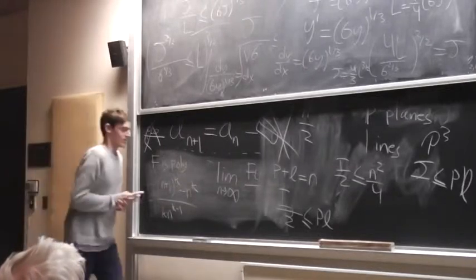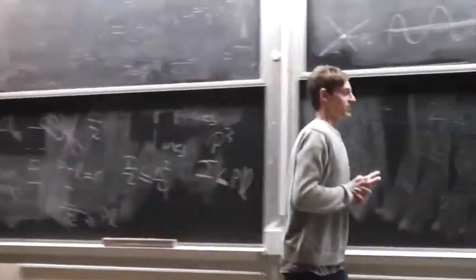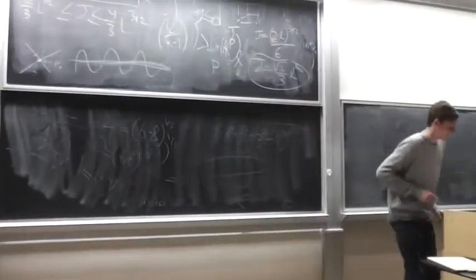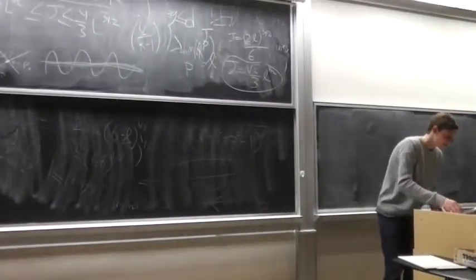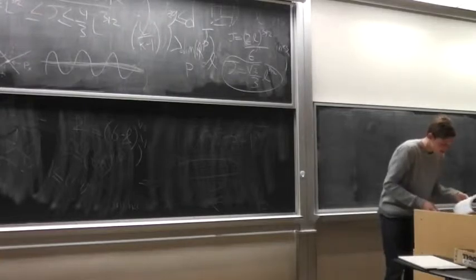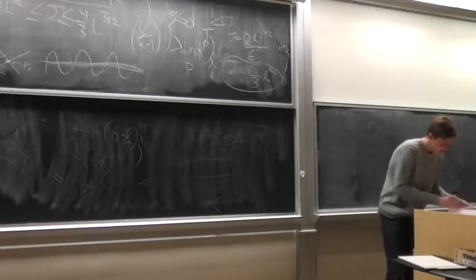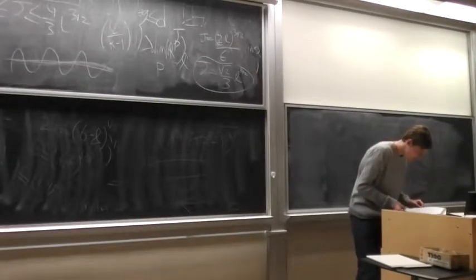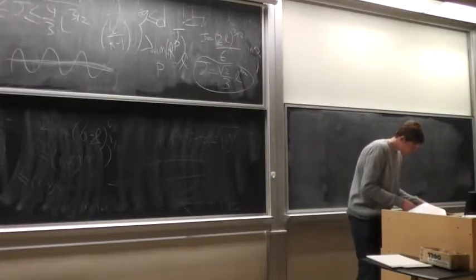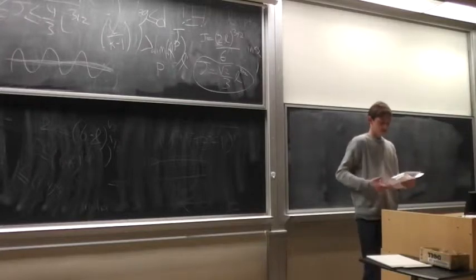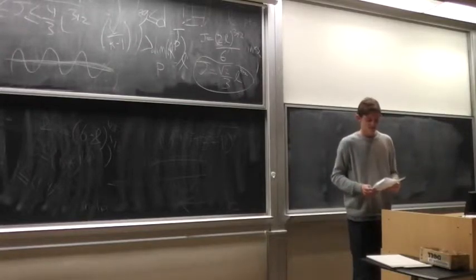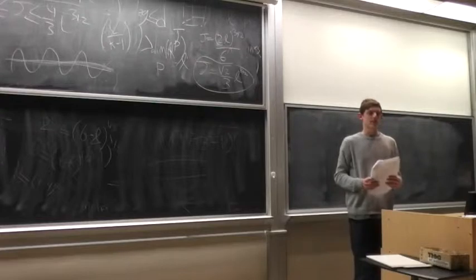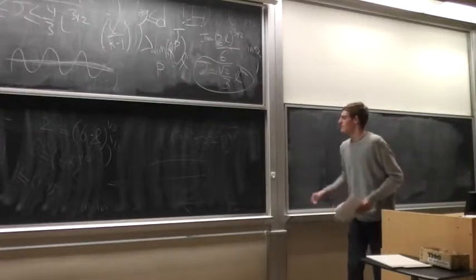So I won't go into specifics, but basically, I will cite the theorem. Let me find this thing. It's really nasty. It's not that nasty. Okay. So suppose that L is a set of lines in 3 dimensions that intersect L to the 3/2 plus epsilon times.